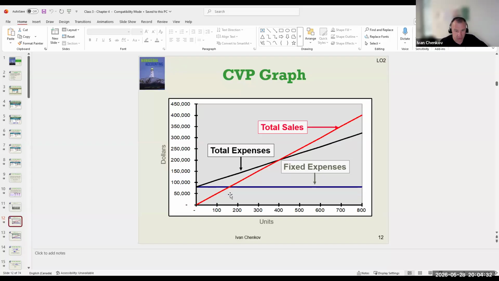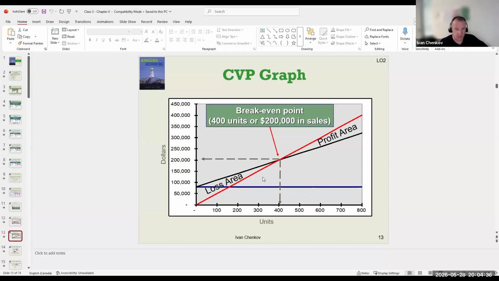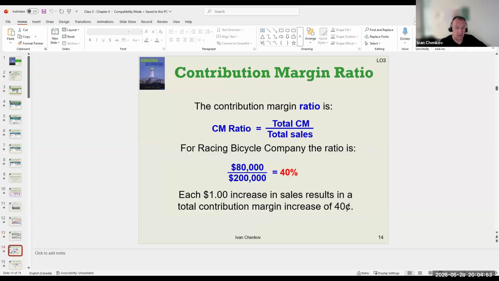So I have to rush to sell 400 units as soon as possible, because once I sell 400 bikes, I'm at break-even. After that, I'm generating profit. So the first objective of every company obviously will be to reach that break-even point.